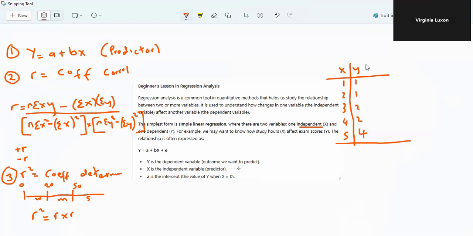So here we've given X and Y. The next step is to find column XY, and the column X squared and Y squared. So what is XY?